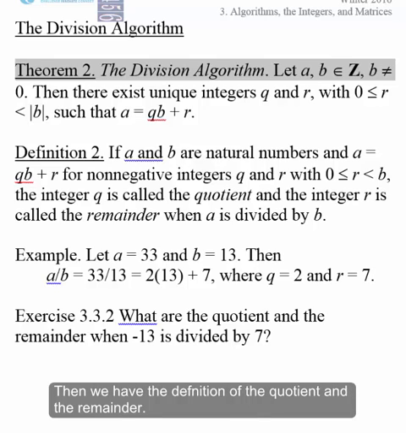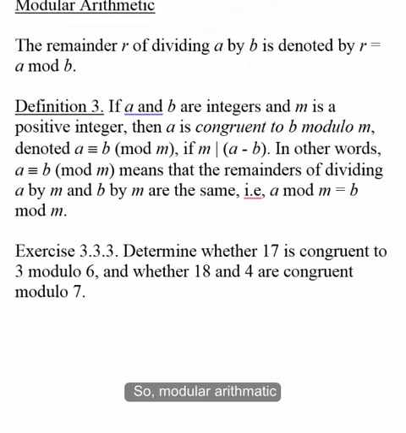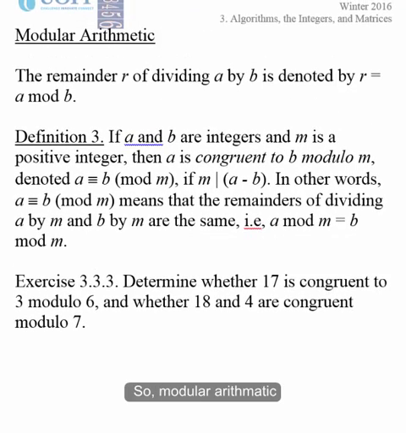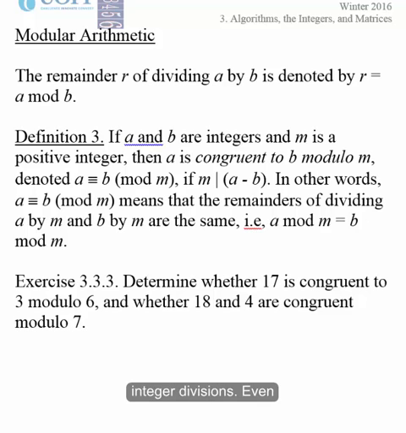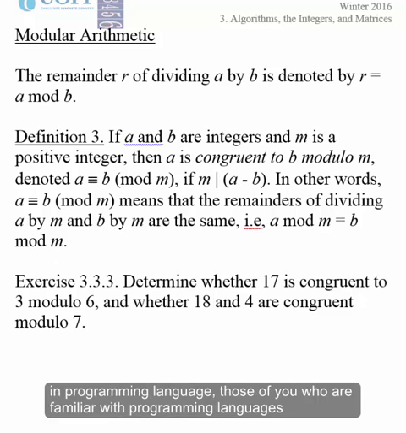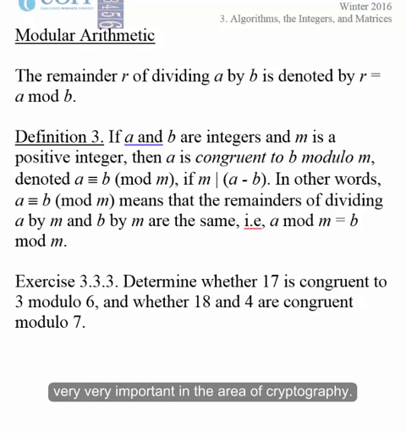Then we have the definition of the quotient and the remainder, which we already know from the regular arithmetic division that we know how to do on paper. So, modular arithmetic. When we talk about modular arithmetic, we are basically talking about integer divisions. Even in a programming language, those of you who are familiar with programming languages, it is possible to perform modulo operations. They are very, very important in the area of cryptography.